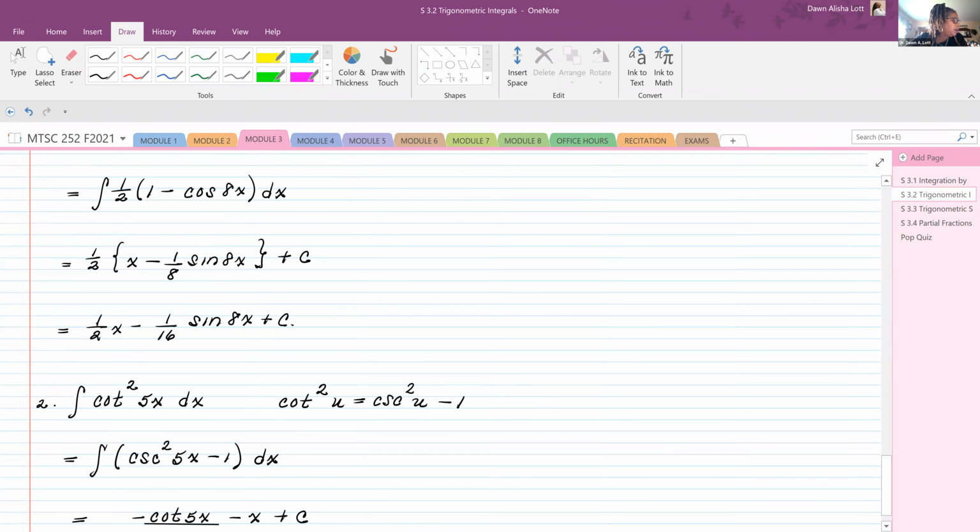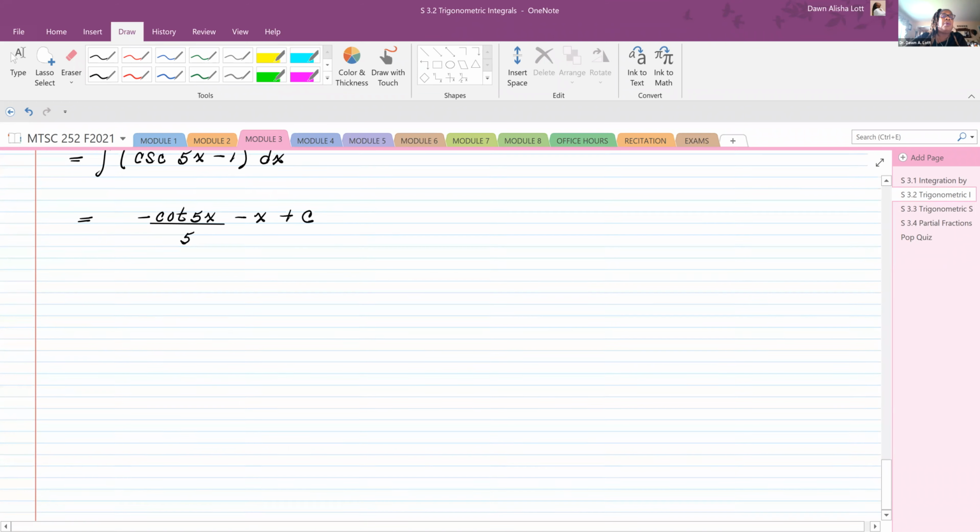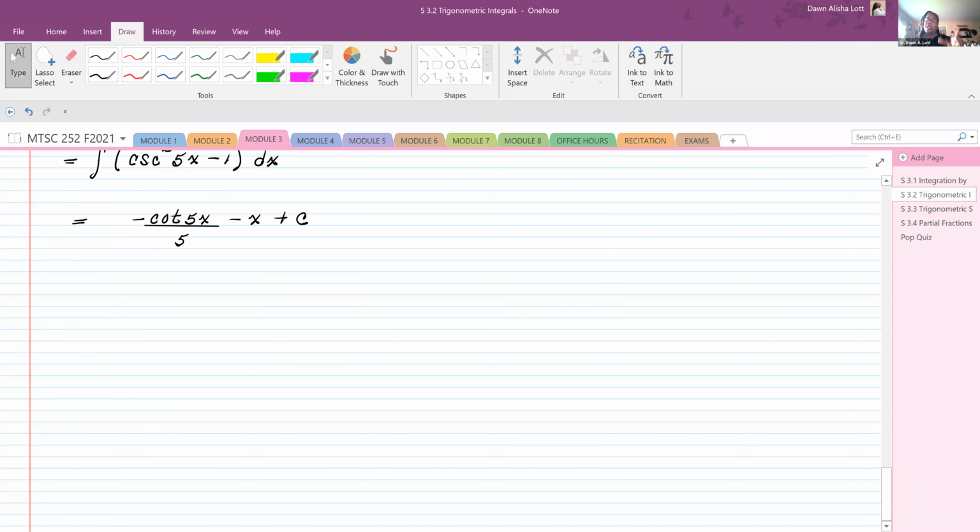Okay, so now we want to get to what happens when we have products of sines and cosines. So now we want to do integrals of products of sines and cosines.